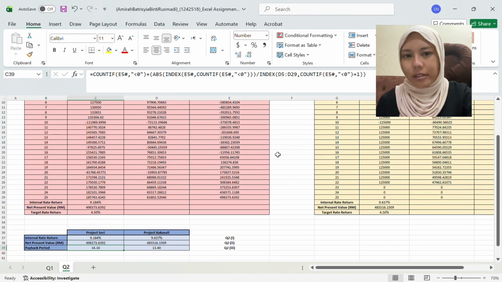For question 2.4, we compare our metrics.